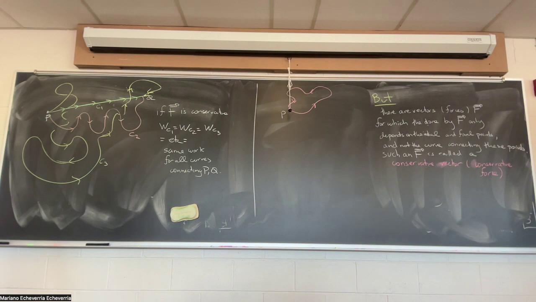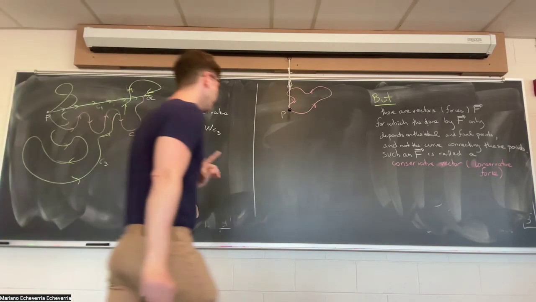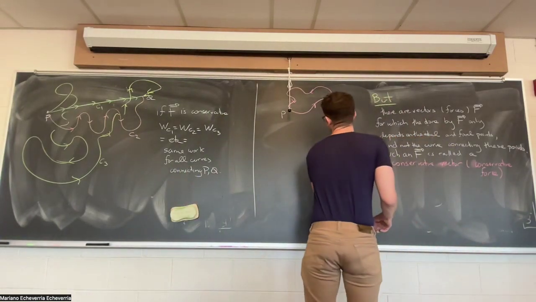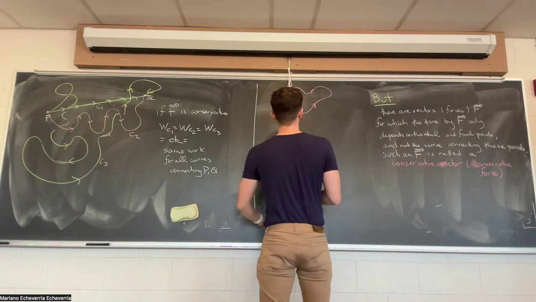So my claim is that just with what I told you, you can already tell me the answer for what the work should be along a closed curve. If F is conservative, a conservative force, let me draw some arrows here.